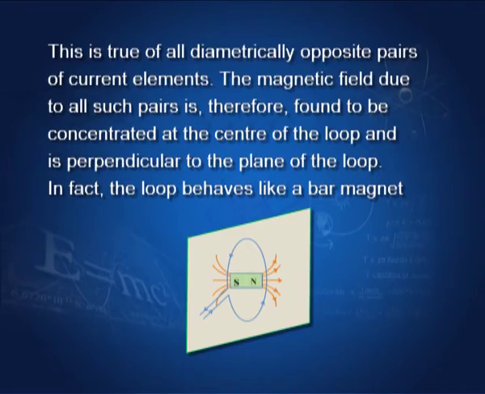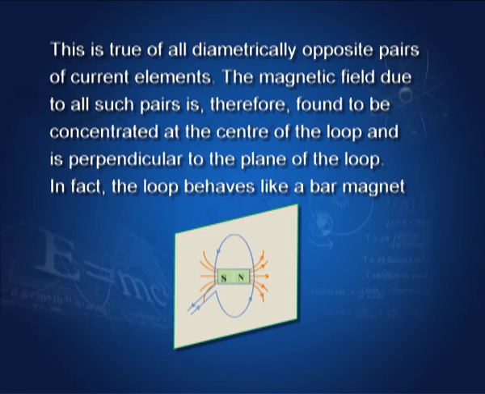And now we can find the magnitude of this field also. Not only is it true of these two, this is true of all diametrically opposite elements. They all reinforce the fact that the magnetic field at the center is perpendicular to the plane of the loop. And in fact, the loop acts just like a short bar magnet or a magnetic dipole.